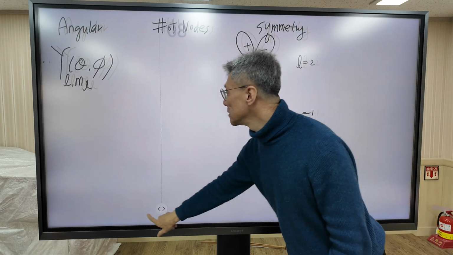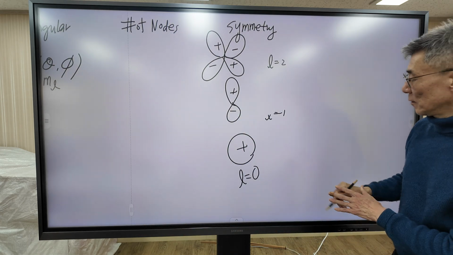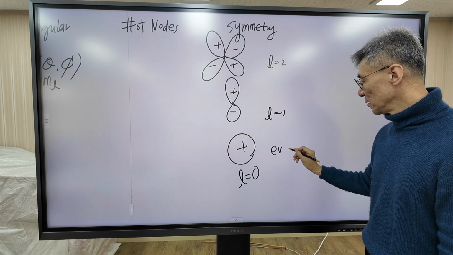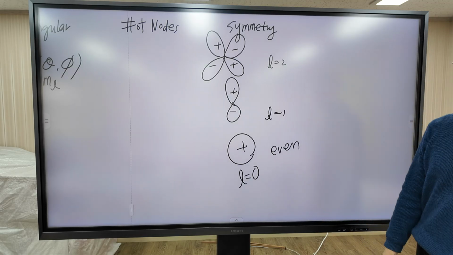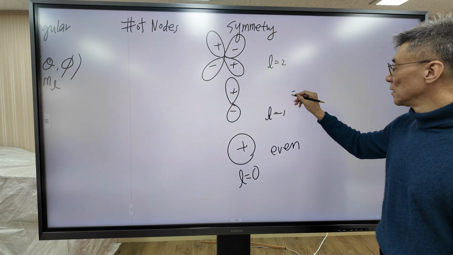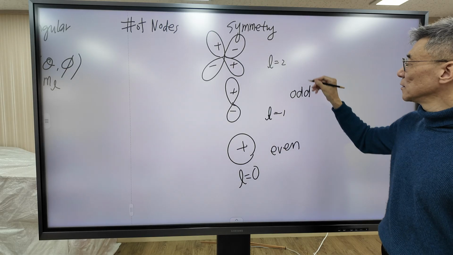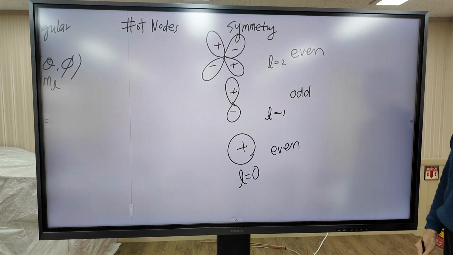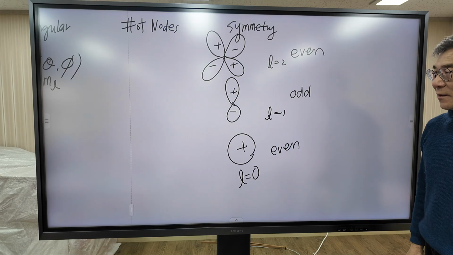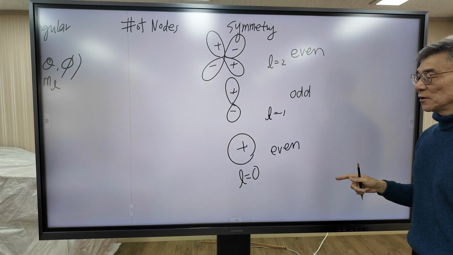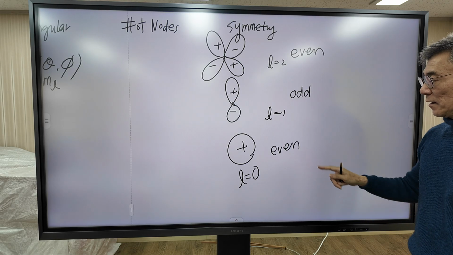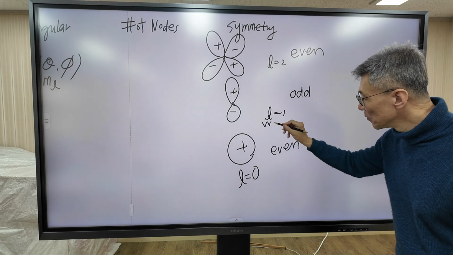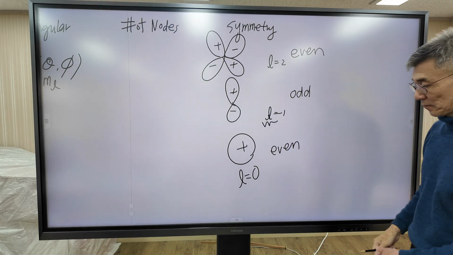So, as you can see, this function has even parity. This function has odd parity. This function has even parity. So it is consistent that for hydrogenic atomic orbitals, even and odd parity alternate according to the l quantum number.